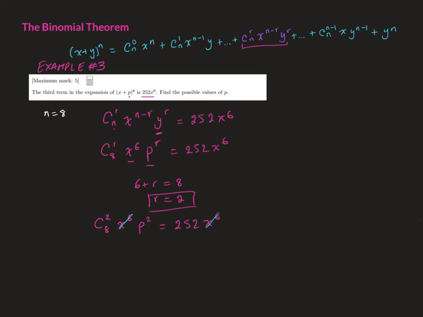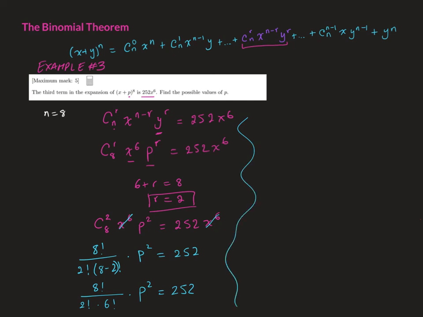Using the definition of the binomial coefficient, C(8,2) is 8 factorial divided by 2 factorial times (8 minus 2) factorial, times p squared equals 252. Now this is the same as 8 factorial divided by 2 factorial times 6 factorial, and everything else remains the same.